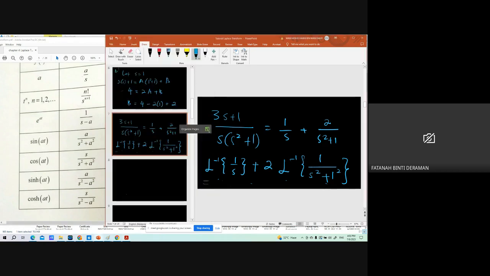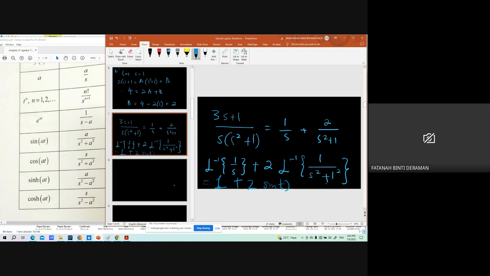So a here is 1, so it equals 1 a. So plus 2, this is similar to this, which is sine 2t, sine 1t, so sine t.